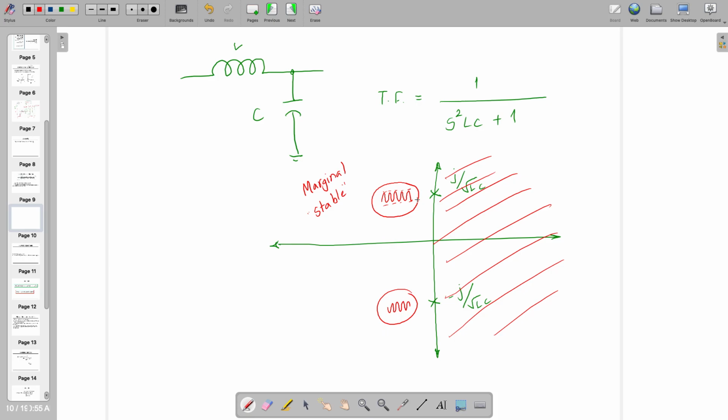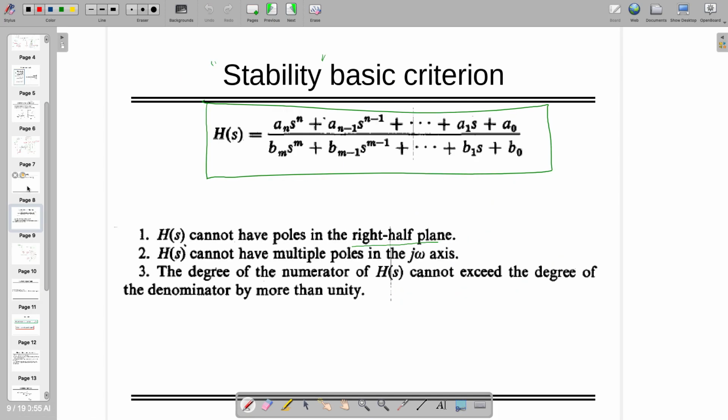But if there are multiple poles on the j omega axis, the amplitude will be higher. It's going to be multiplied by t. If you remember the Laplace transform, it will be multiplied by the value of amplitude times t.